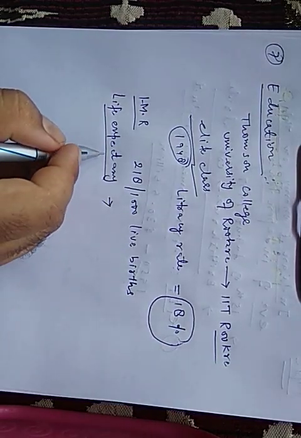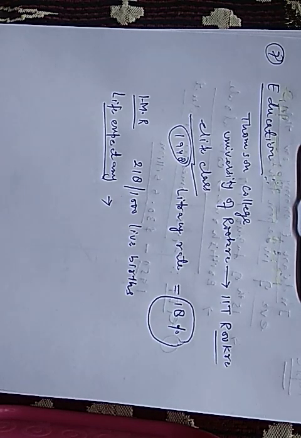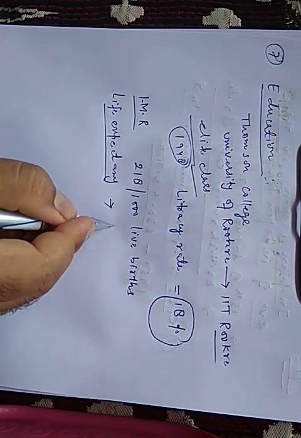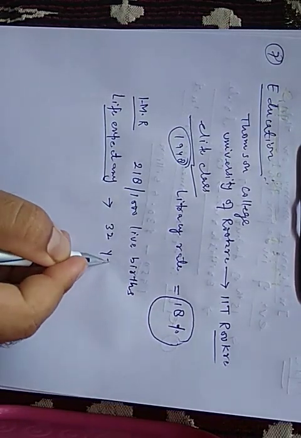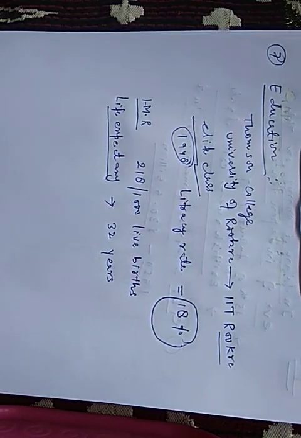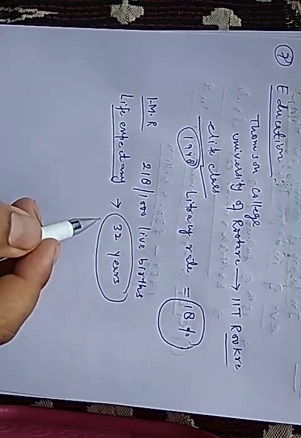Simply, it shows the maximum number of years a newborn can expect to live. And it was only 32 years. And now it is about 68 years. At the time of independence, it was only 32 years. This was also due to poor healthcare infrastructure.